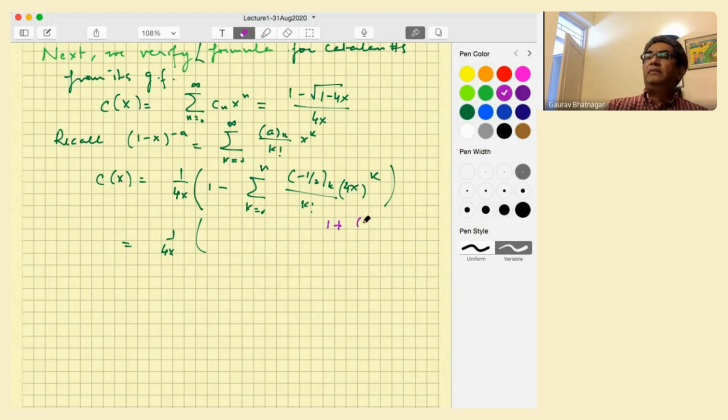The second term is minus 1 by 2, 1 over 1 factorial, 4x raised to 1, and so on. So 1 minus 1 cancels basically, and you get minus sign, summation k going from 1 onwards, and 4x raised to k.